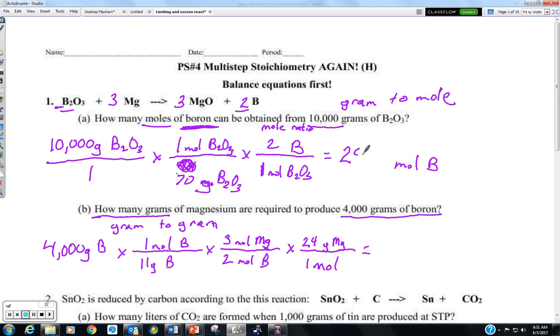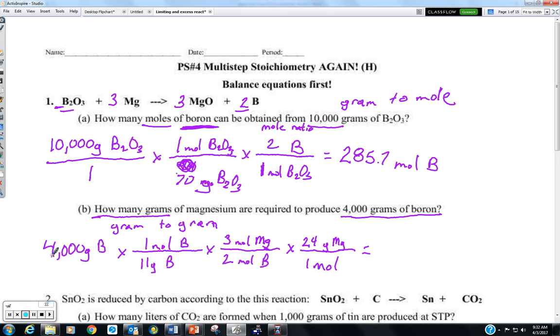I got 285.7 moles of boron. Did anybody get anything different or not see how I got that? So doing this one, you're going to take 10,000 divided by 70, and that'll give you moles of diboron trioxide times 2, because we have 2 over 1, and that should give us 285. So 10,000 divided by 70 times 2.